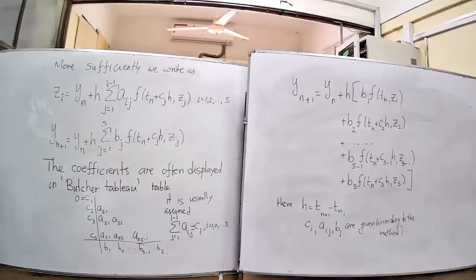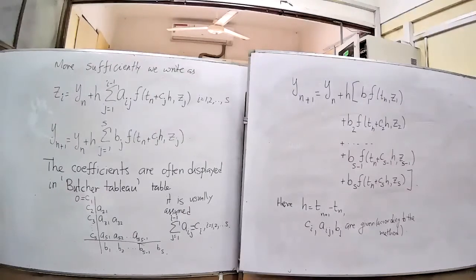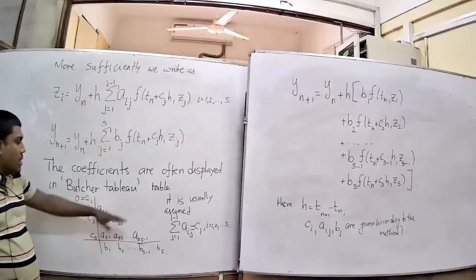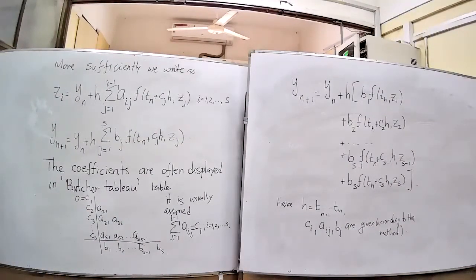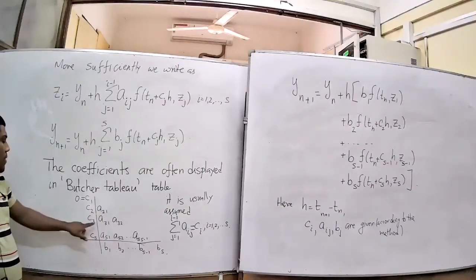In general, usually the way the coefficients Aij's are chosen is so that, for every row, the sum of those Aij's is equal to the Ci, right? Say, for example, if this C3 is 1, this and this added together will give you 1.